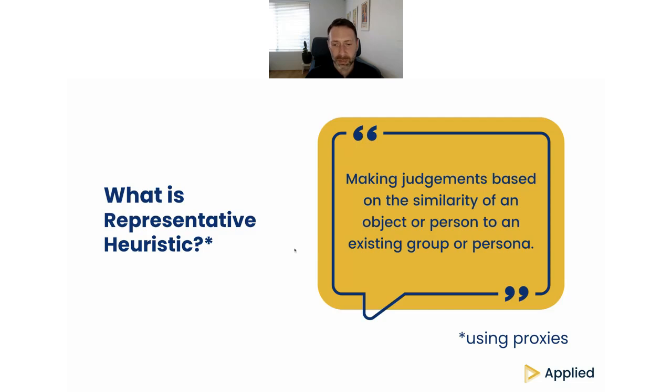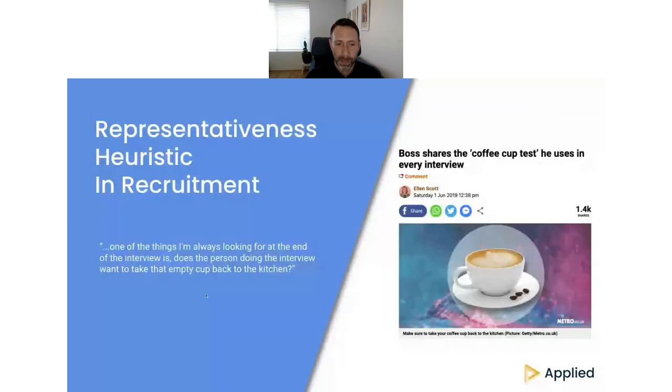Another way of saying this is using proxies. So are you using something else to determine if they have a skill, rather than actually testing them on that skill? So here's a great example. You always get these types of stories in mainstream media.